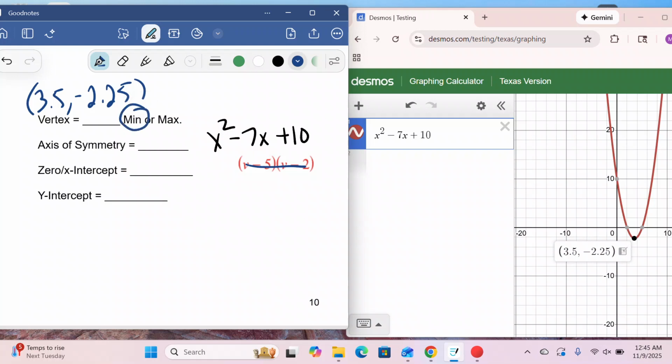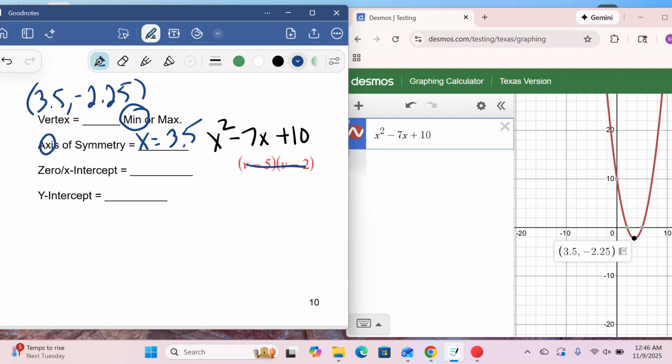This is considered a minimum. What is my axis of symmetry? My trick is that the axis is x equals, because it is a U shape going up and down. So my axis of symmetry is x equal to my vertex x value, which is 3.5.